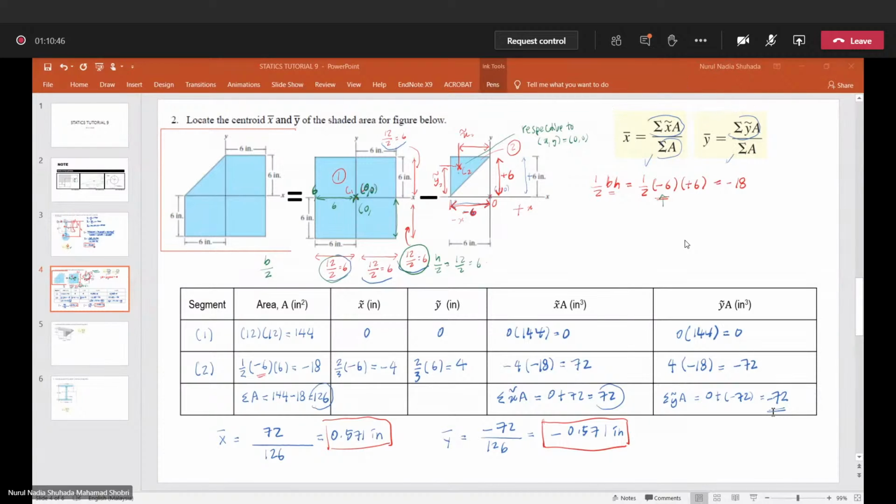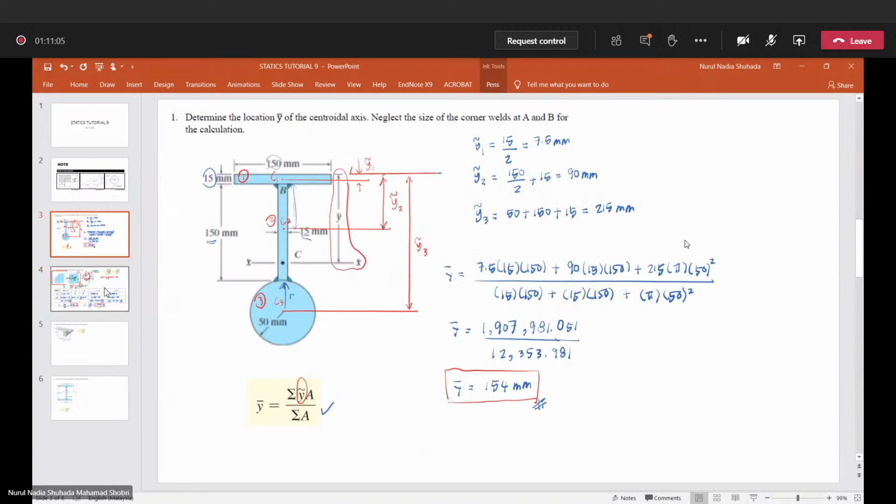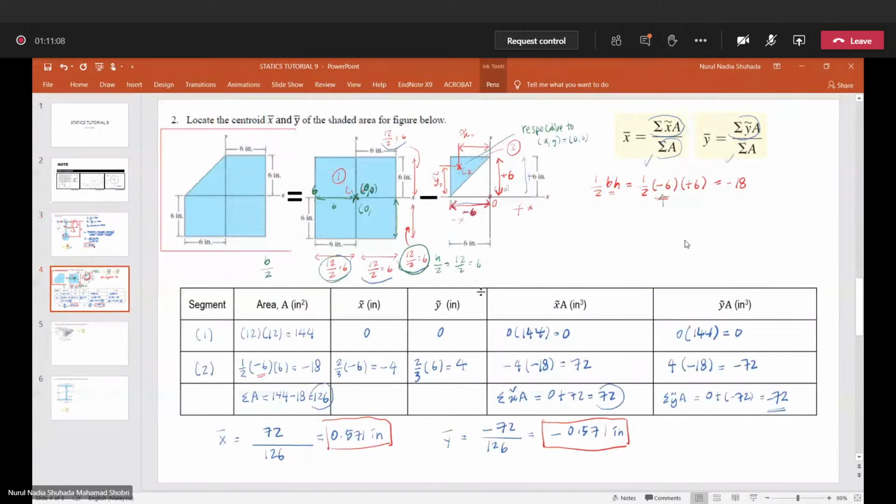How do we know when we need to use the length or coordinates? It depends on the type of questions. If you compare question number 1 and question number 2, in number 2 it gives you the axis. Usually when you have the axis, you have to pay attention to the sign, whether it's negative or positive.